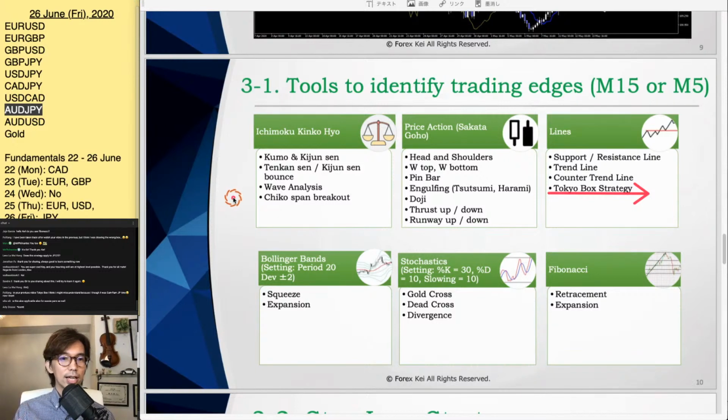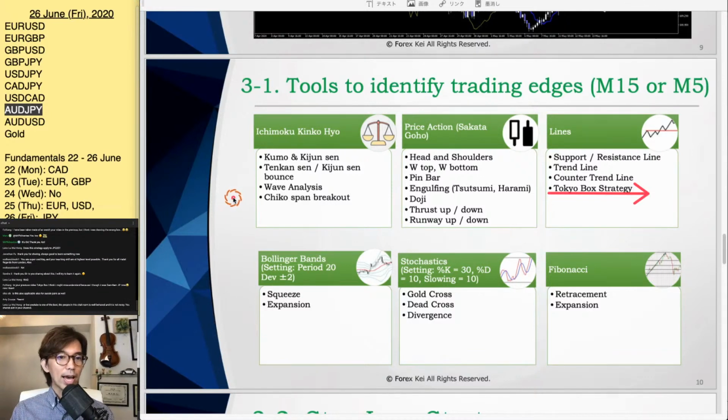I look at and use these indicators. So I combine, for example, Tokyo Box breakout strategy, and also Chikou span breakout is happening in the market too. I might also see a dead cross of stochastics, so I will take that one too.